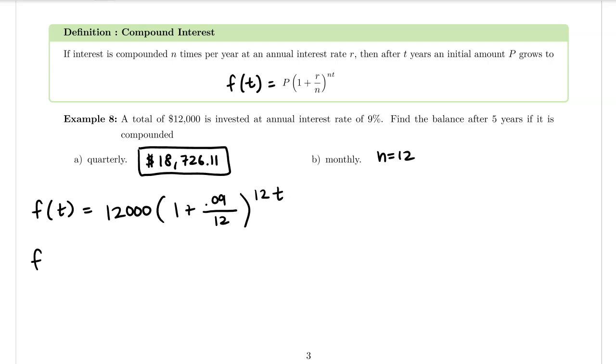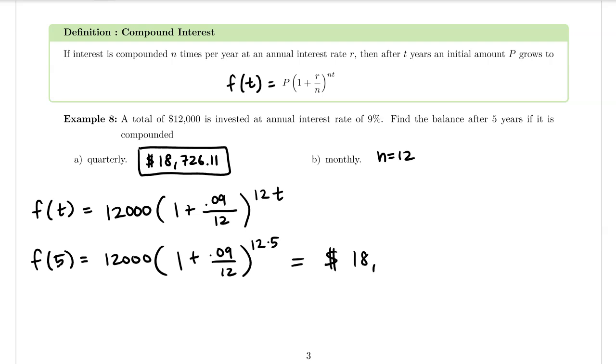And now we want to, just like last time, evaluate f of 5. And so we'd have 12,000 times (1 plus 0.09 over 12) to the power of 12 times 5. And if you throw this into your calculator, this is going to end up rounding to $18,788.17.